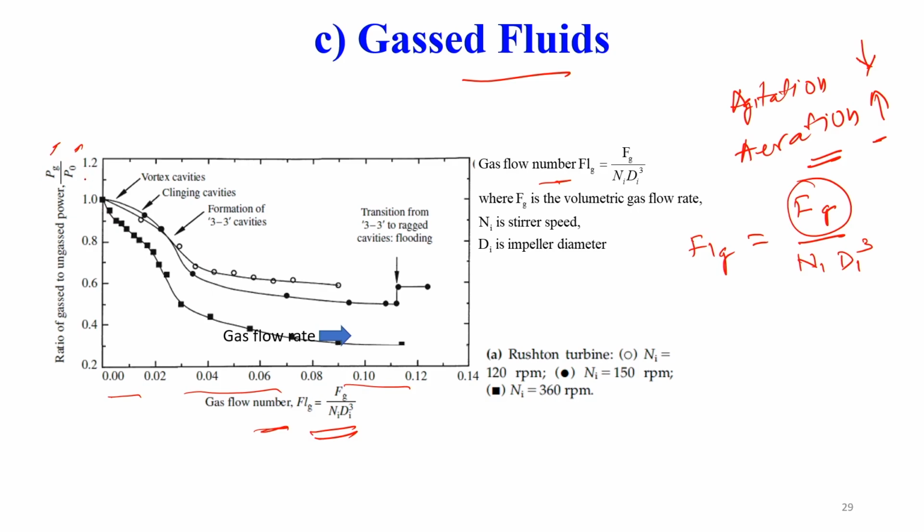It means Pg value is declining, and from this curve you can see it declines, and after a certain value of flow number it reaches a plateau. Here again, similar to the ungassed system, this trend varies for different types of impeller as well as for different RPM.